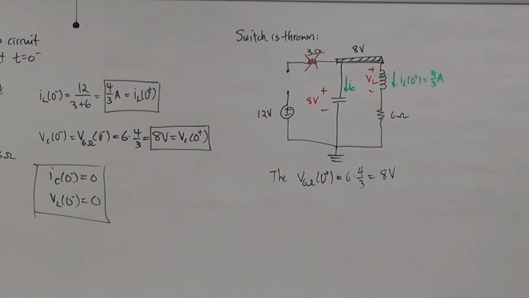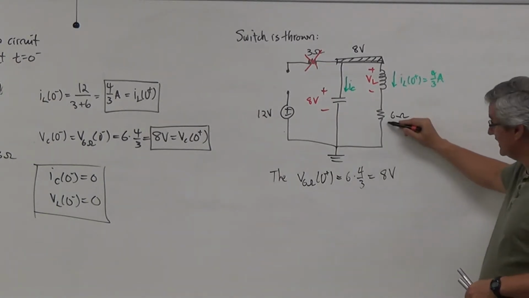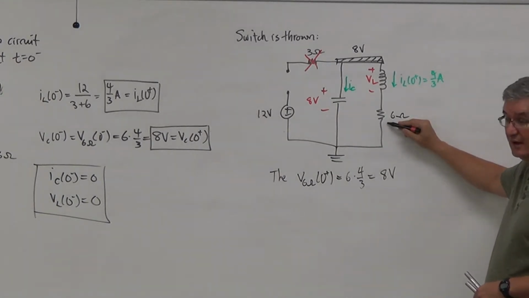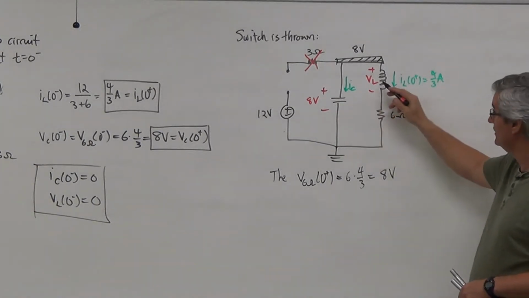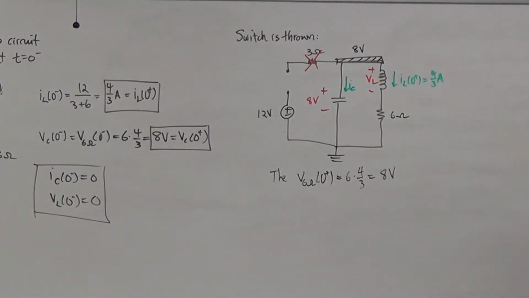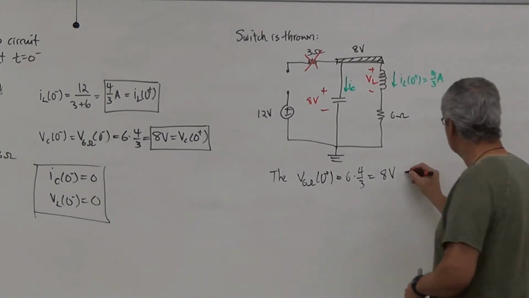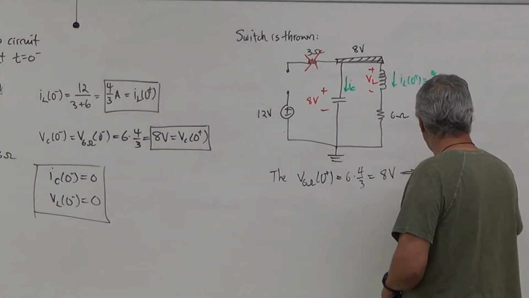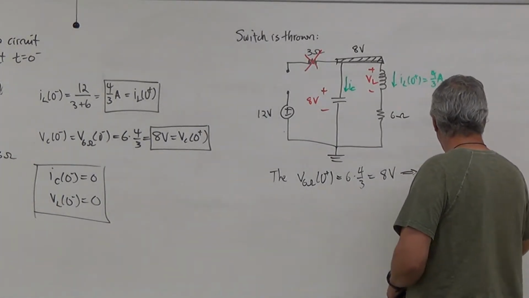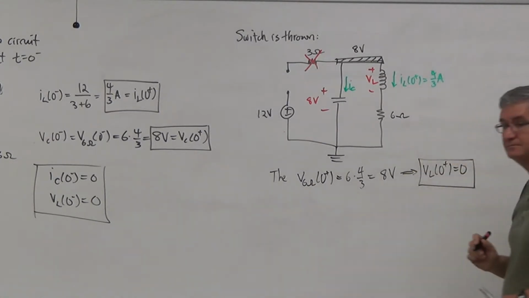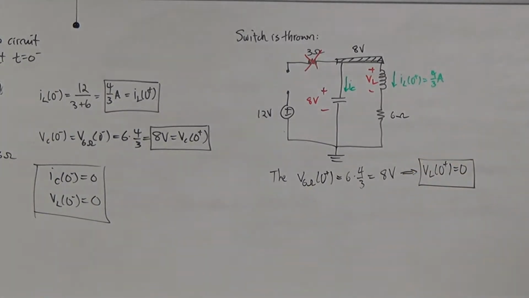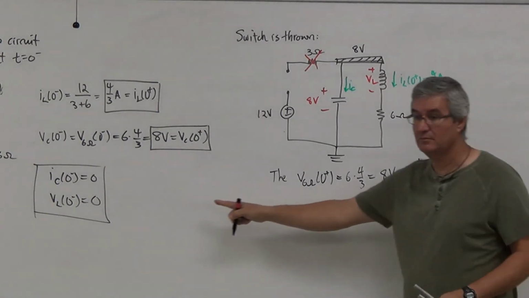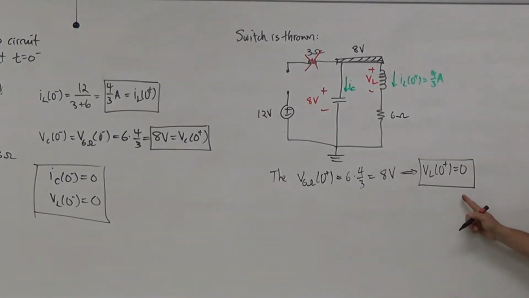So if this is 8 volts, and that's 8 volts, the inductor voltage must be 0 at 0 plus. So in this case, we're not seeing a change in the voltage of the inductor. Okay? It started at 0, and it's 0 afterwards.